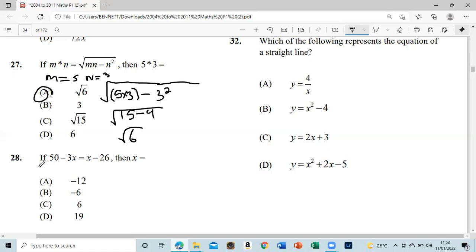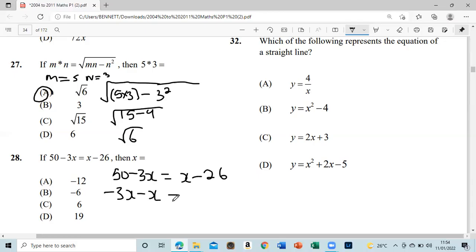All right, number 28 says if 50 minus 3x is equal to x minus 26, then x is equal to. All right, let me just group the like terms. This is an equation. One side must equal the next. Whatever answer you get, both sides must be equal. So this is minus 3x. We're going to keep the x on the left. This is a positive x, so we subtract x from both sides.